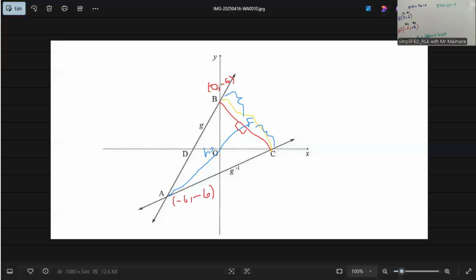And I already know the distance of AB. If I know the distance of AB, I calculated it previously, it was 6 root 2, right?